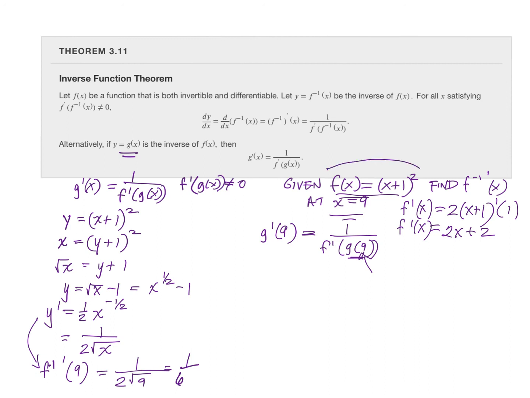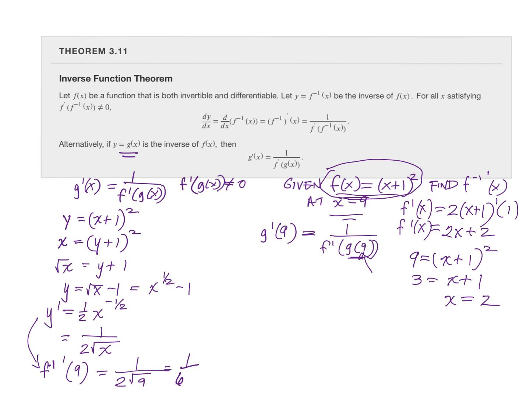So what I'm going to do is plug 9 in for f of x here, and solve for x. The way I solve for x is I take the square root of both sides, so I get the square root of 9, which is 3, equals x plus 1. So what is x equal to? x is equal to 2, isn't it? Subtracting 1 from both sides gives me x equals 2.